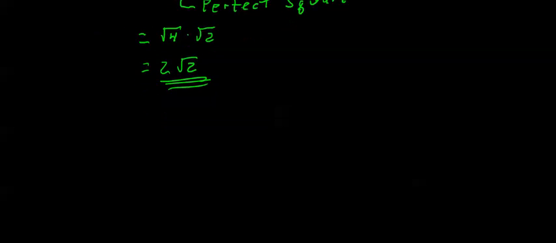So let's look at another example. We're going to look at the square root of 54. If I don't know the largest perfect square that goes into 54, I can break this down as such. 54, and if I divide that by 2, a prime number, always using primes, I get 27.